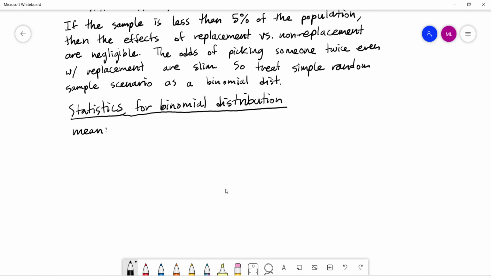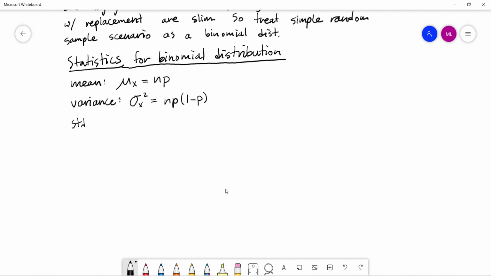So it turns out, if we want to compute the mean, the expected value, it's simply n times p. If we want the variance, so sigma x squared, it is simply np times 1 minus p. And lastly, if we want the standard deviation, which is just sigma x, it is the square root of np times 1 minus p.